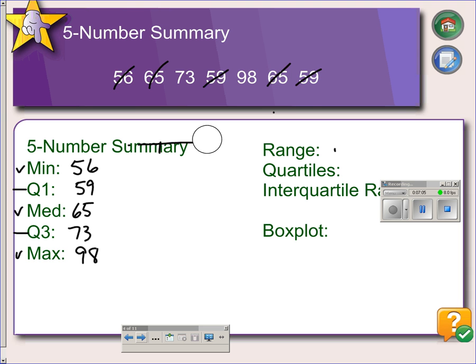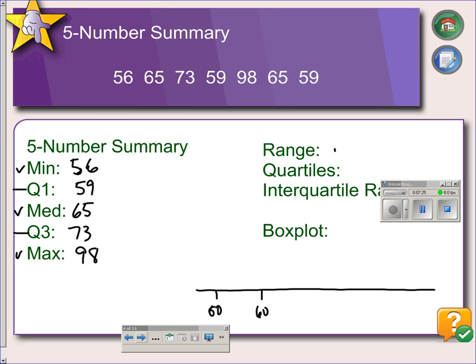What we do with the 5-number summary is we make a box plot out of it. To make a box plot, you have to start with a number line, and you have to number your number line with some sort of a consistent scale. So I'm going to start here at 50, and I'm going to count by tens.